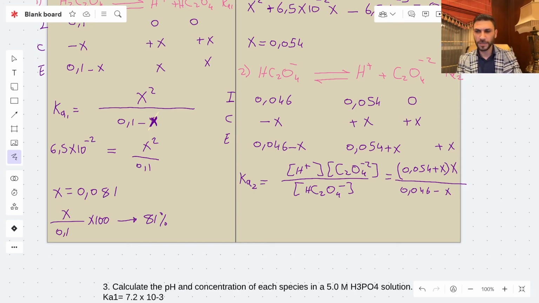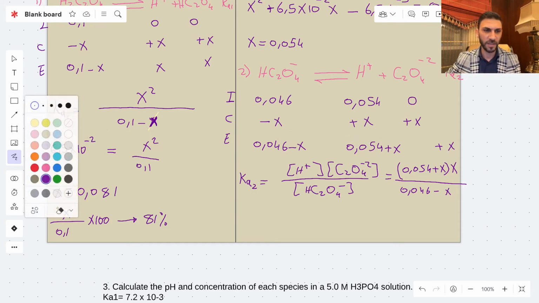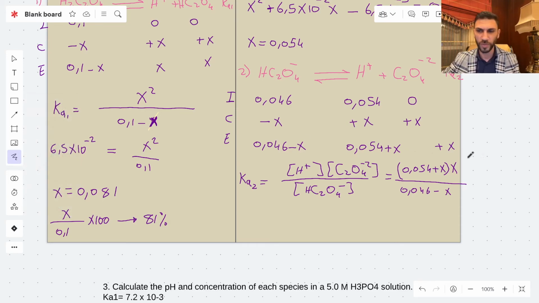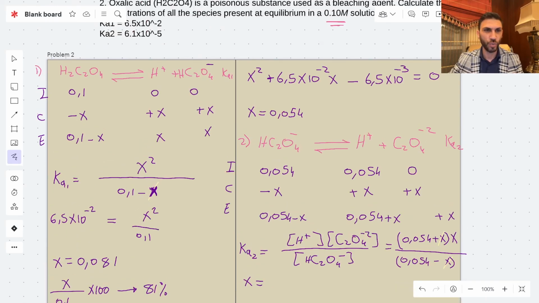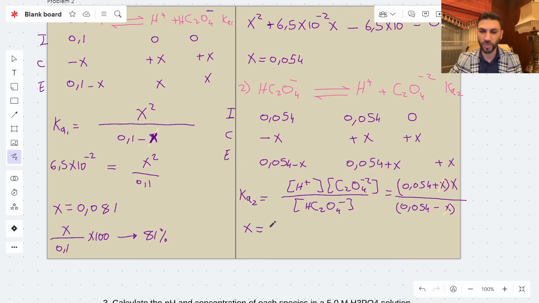Let's solve it for x. If we neglect these x's initially, always we follow this. We're going to neglect these x's, so it's going to be 0.054x divided by 0.046 multiplied by the Ka2. And in this case, after we neglect the x, x equals the Ka2, which equals 6.1 times 10 to the power of negative 5.